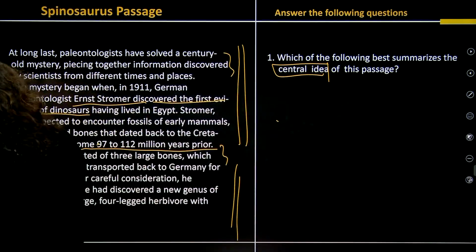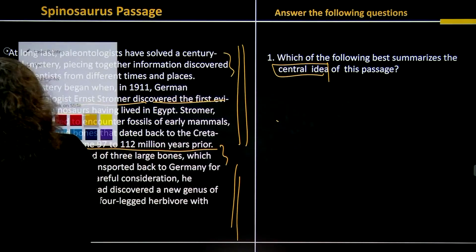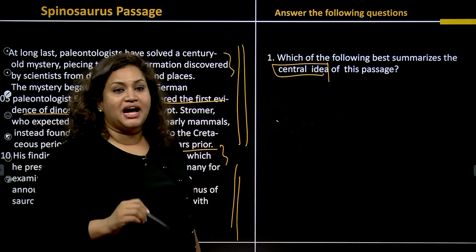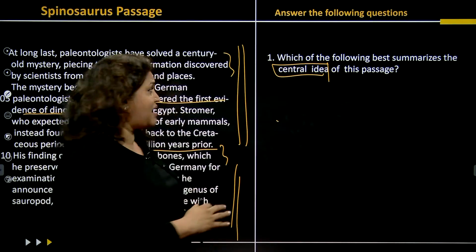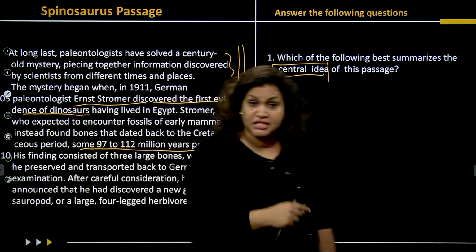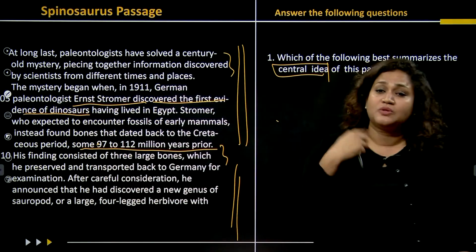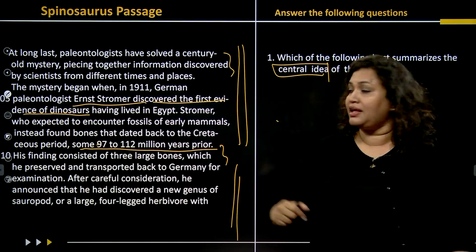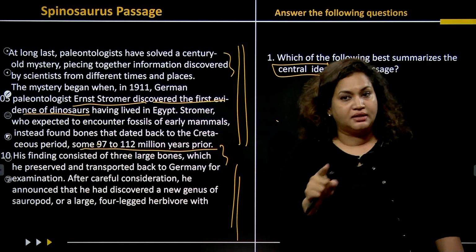One more thing that I would like to tell you is that please, any answer that comes outside of this premise, this passage is the premise, and all the answers should come from this premise. Any answer that comes outside this premise, or which is most obvious but is not given in the passage, is not the right answer.